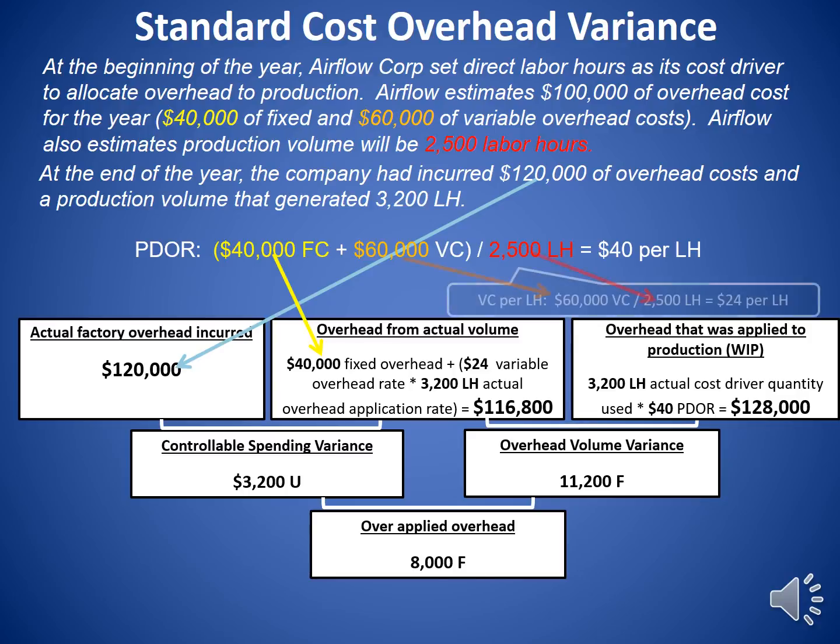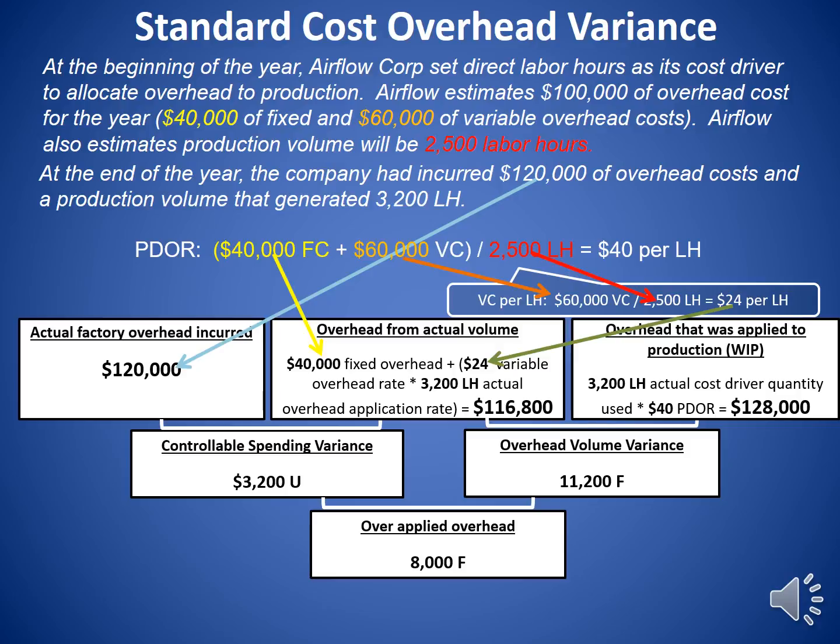To do that, I take my $60,000 variable cost and divide it by the 2,500 labor hours. Out of the $40 labor hour calculation, my variable labor rate was $24 an hour.